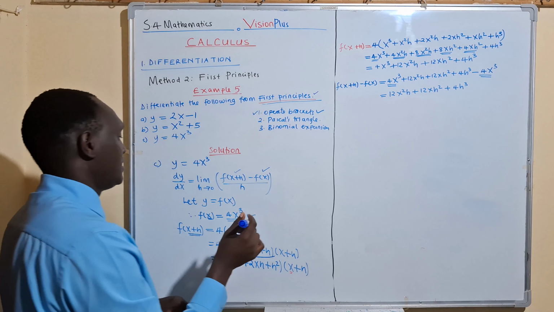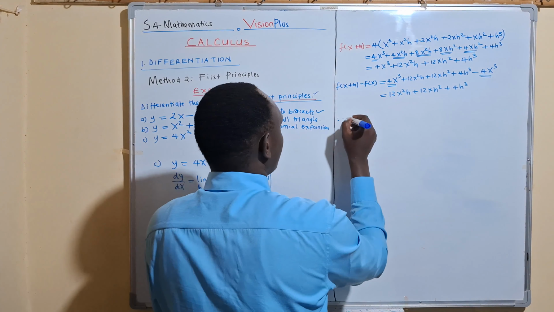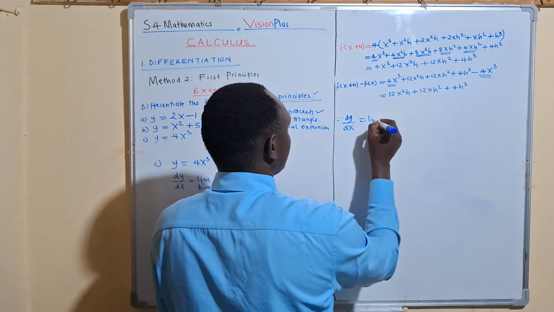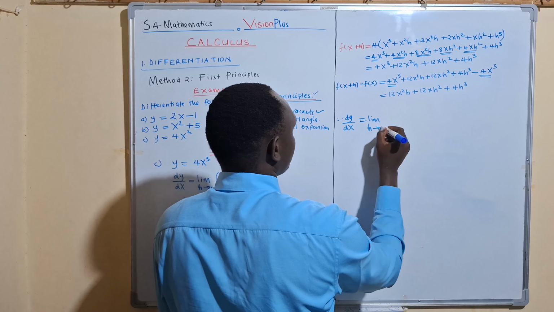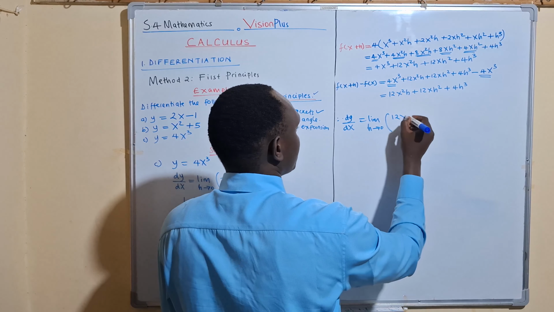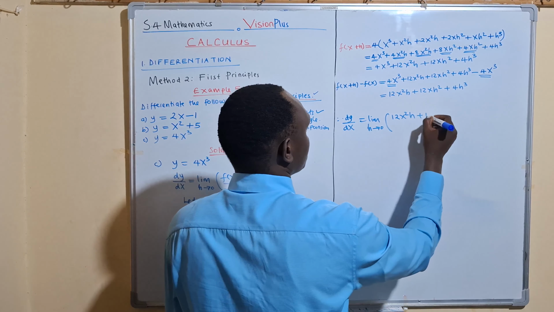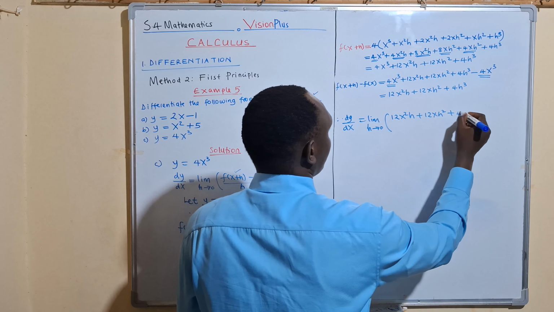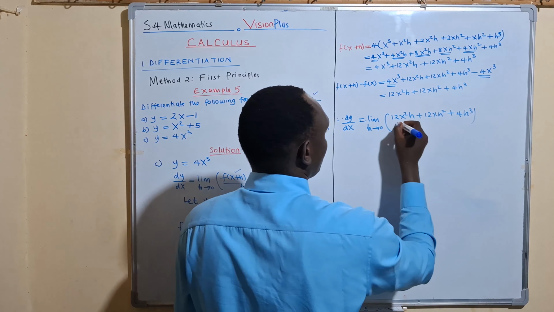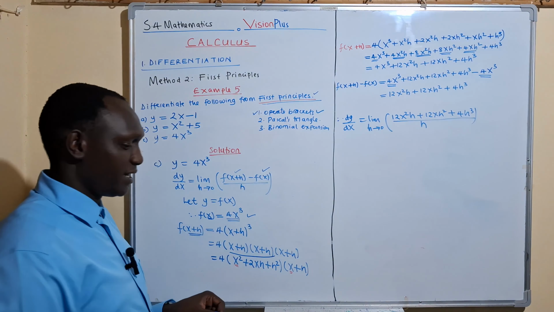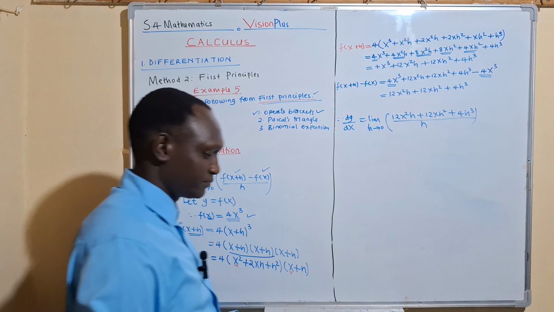That is the numerator. So after getting that, we say therefore dy/dx equals the limit as h tends to 0 of the difference of the function, 12x squared h plus 12x h squared plus 4h cubed, all over h. Now from here we divide all the terms by h.